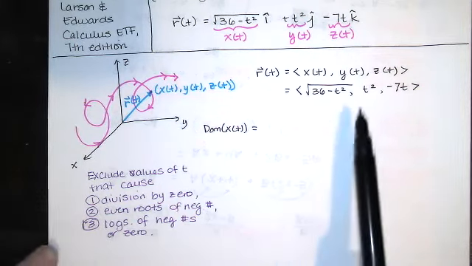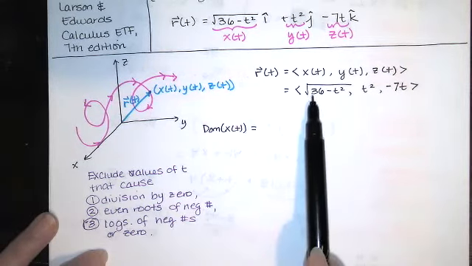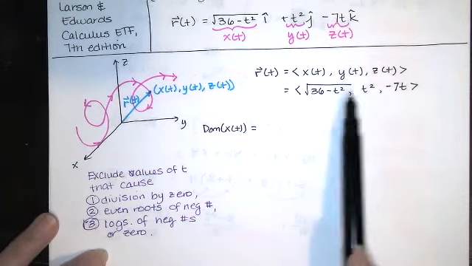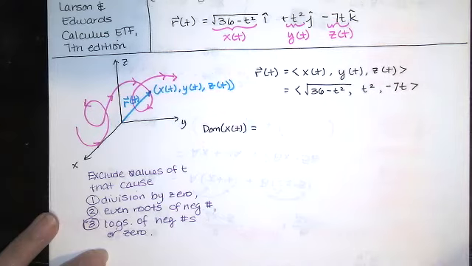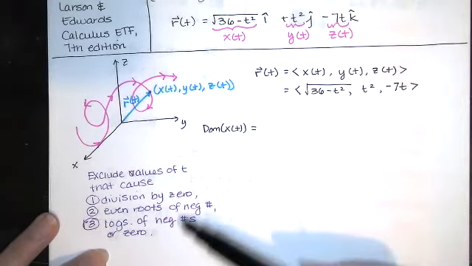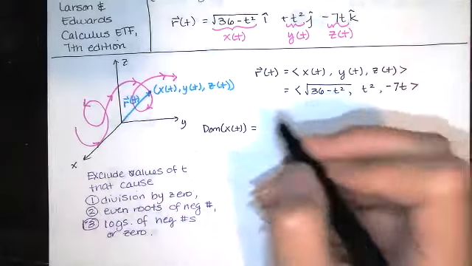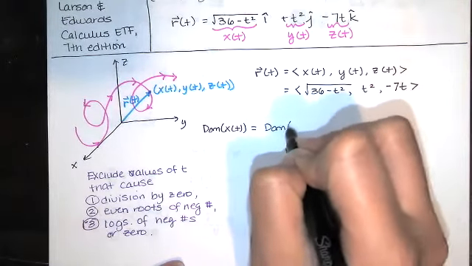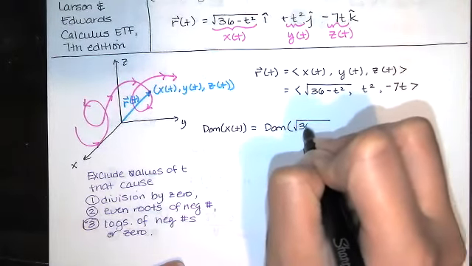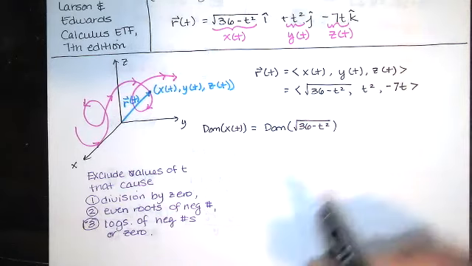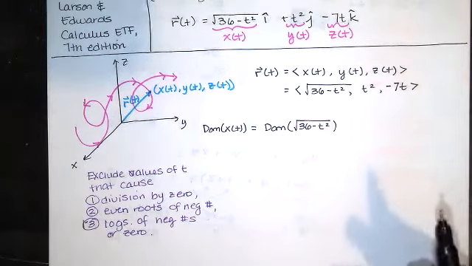Okay, so the domain of x of t is probably the most interesting of these three components because it's the only one that has any of these problem issues. So I'm trying to find the domain of this square root function. And I don't have to worry about division by 0 because there's no division.